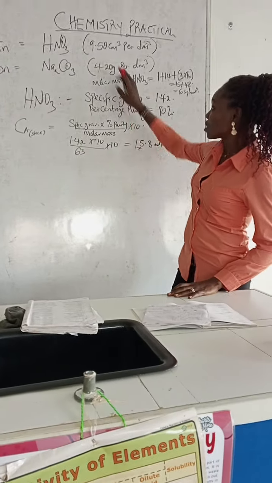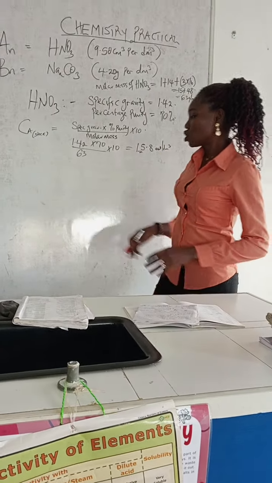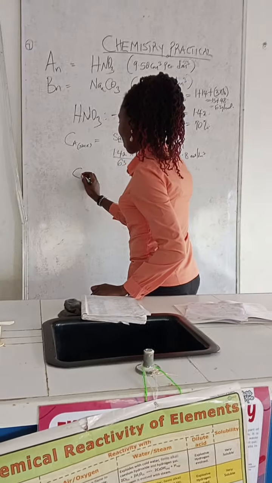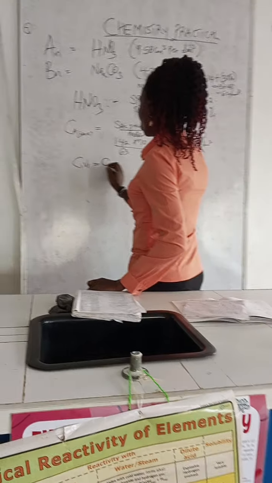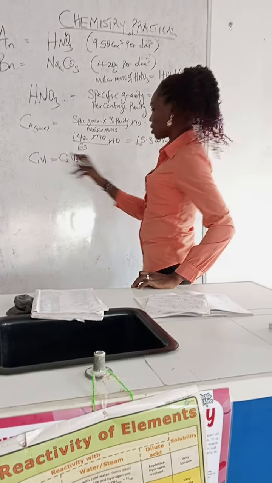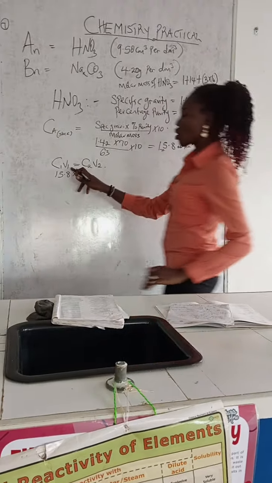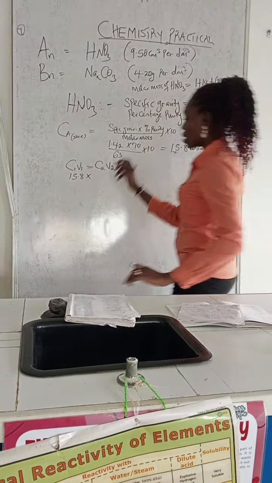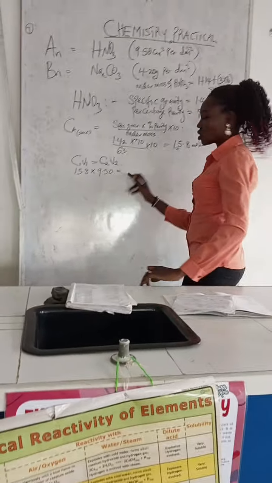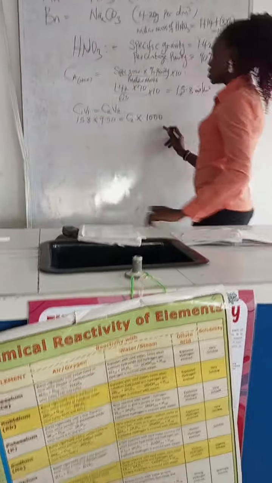So let us now get the concentration in this diluted form. We're going to use our dilution formula, C1V1 equals C2V2, where C1 is the original concentration of the acid, which is 15.8, times the volume that we are going to take out of it, which is 9.50, equals our final concentration, which is what we are looking for, times the volume we are going to make it up to, 1,000 cm³.